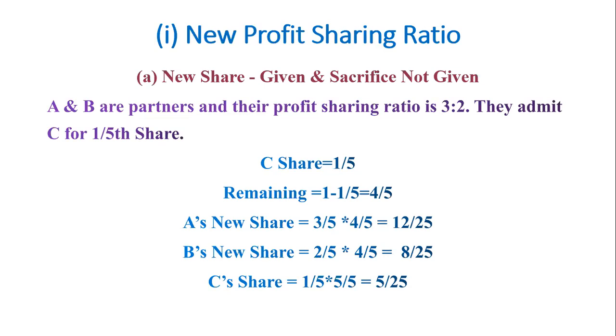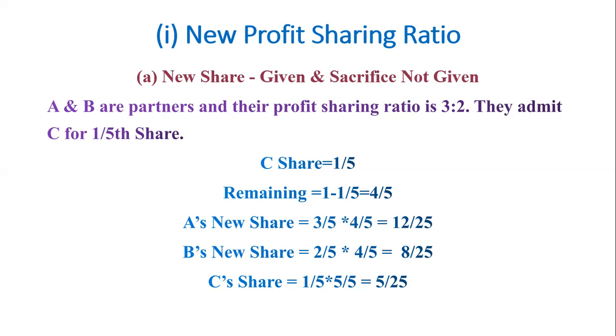There are two partners, A and B, with a profit sharing ratio of 3:2, and they admit the new partner C into the firm for 1/5 share. Here, the sacrifice of the old partners A and B is not given, but the new partner's share is taken as 1/5. If the new partner's share is 1/5, the remaining share will be 4/5, which the old partners will share among themselves in the old ratio.